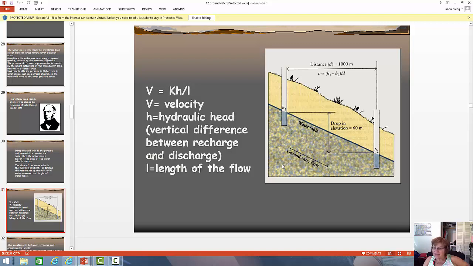Okay, so the hydraulic head is going to tell you how much pressure is in the water to move it down faster or slower. The steeper the slope, remember, the faster the water movement.